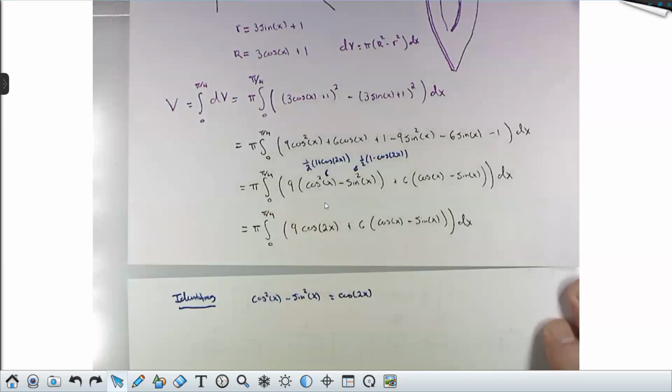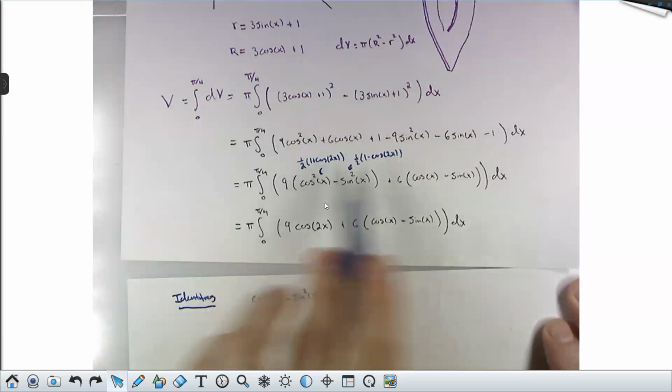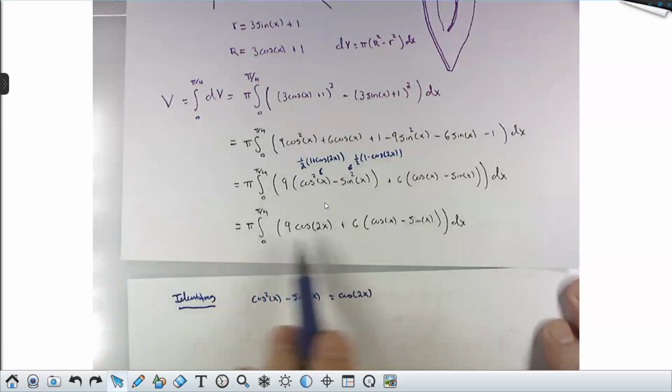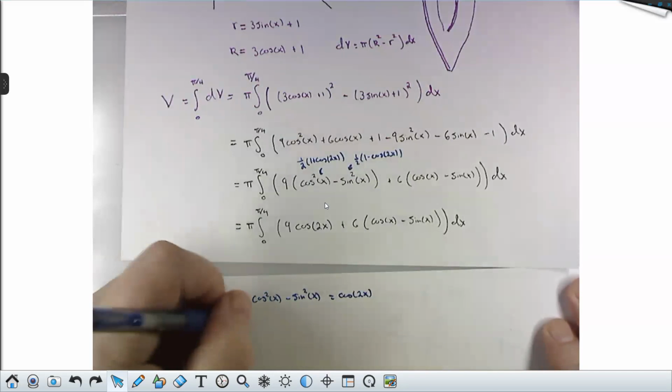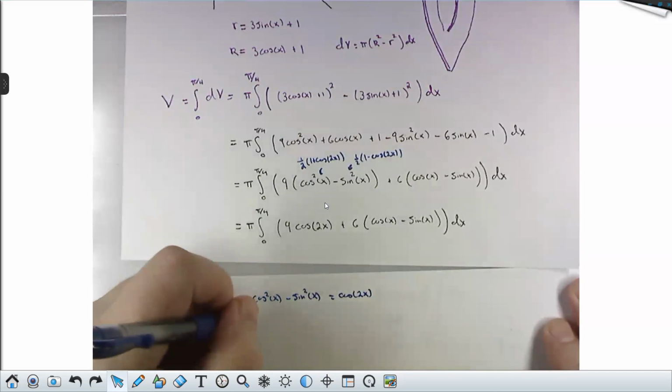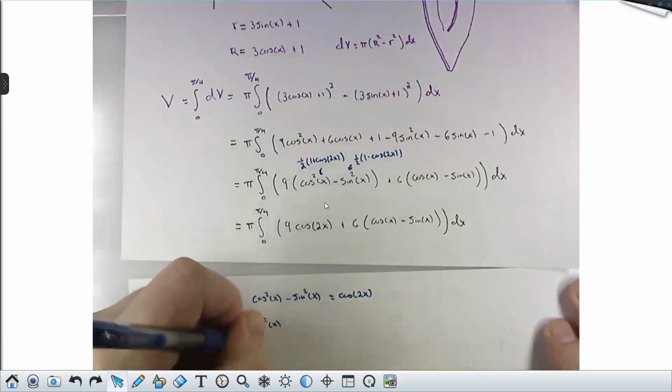This is the double angle identity for cosine. So when I see this, I don't even think to go through these steps. I just go, oh, that's cos 2x, straight up. But you could also get there by way of these half angle identities.